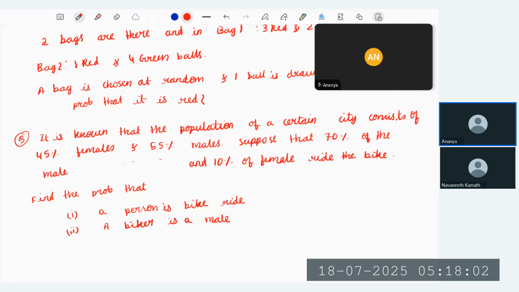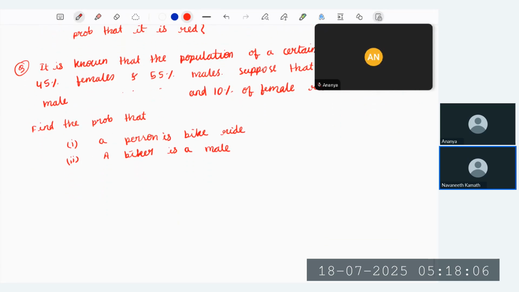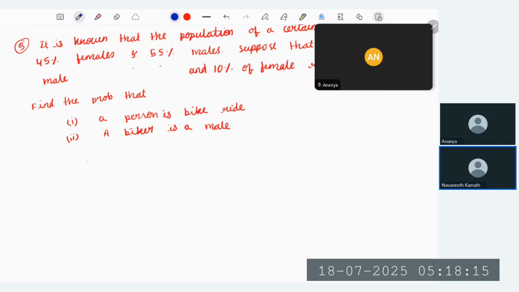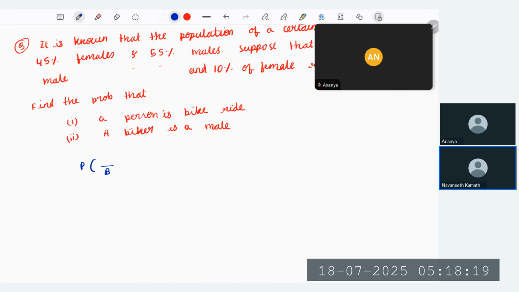Can you solve this one? We know that he is a biker. Now they are asking what is the percentage of him being a male. So we know that it is a biker, and we don't know the percentage of him being male. This is the conditional probability.